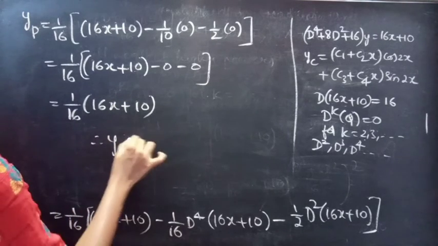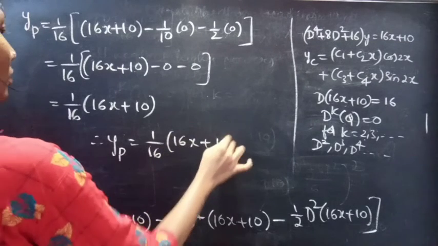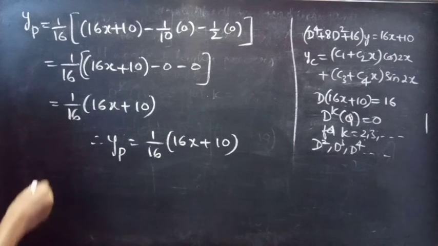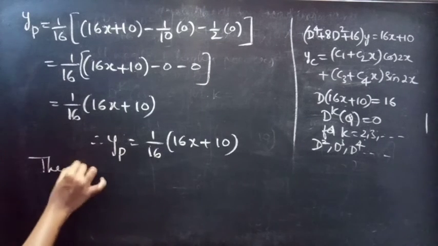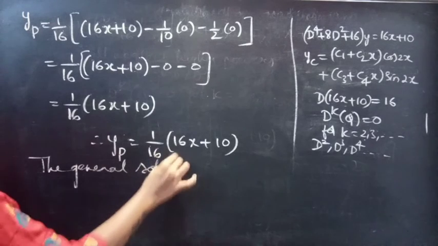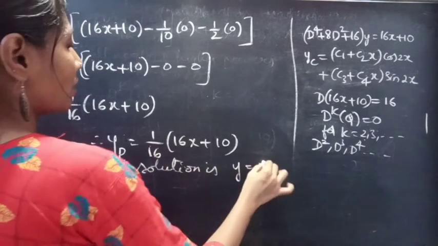Therefore, our yp is 1 by 16 into 16x plus 10. Now let's write the general solution. The general solution is given by y equals yc plus yp.